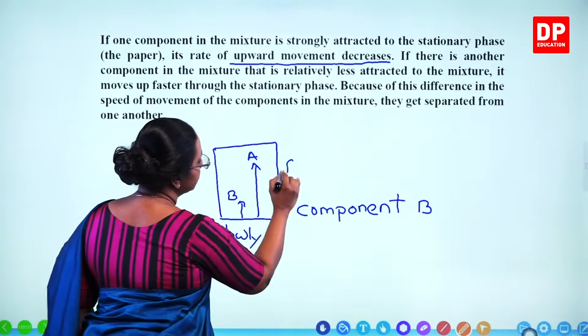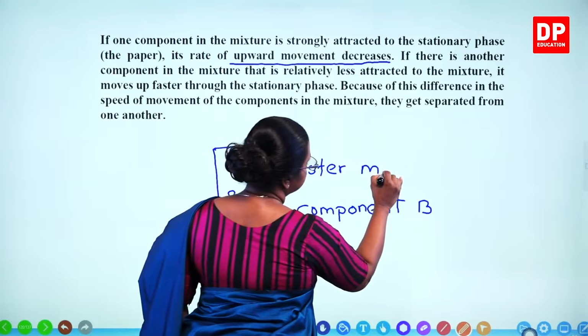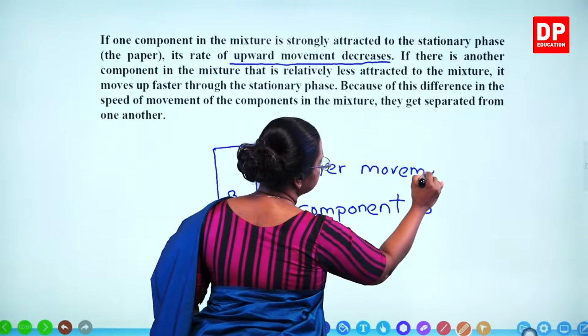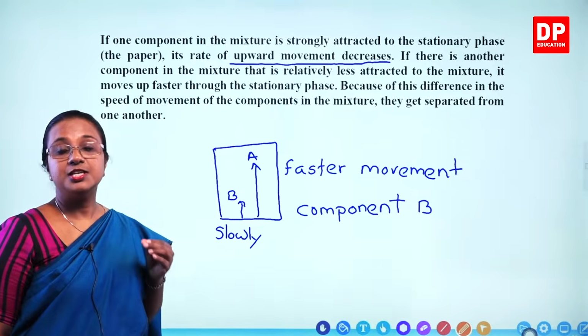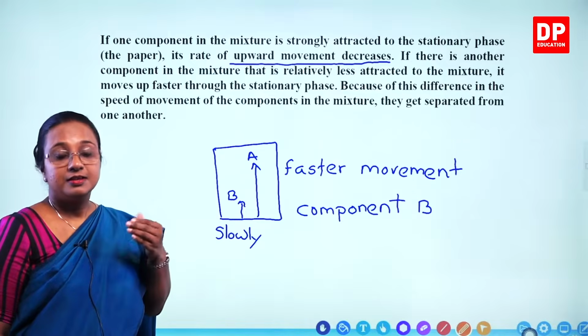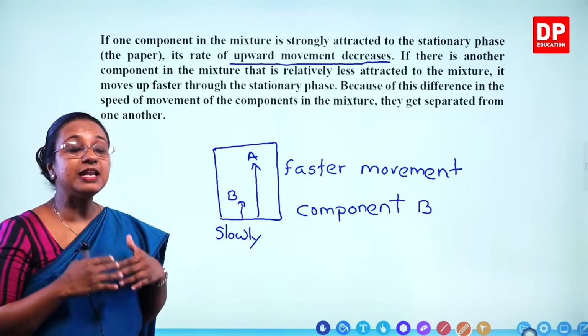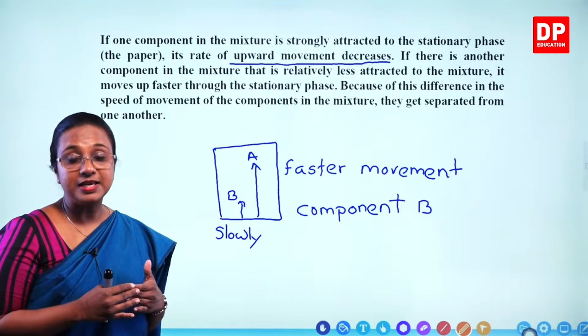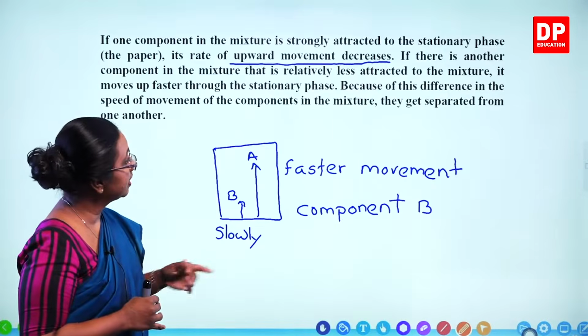So, here it shows a faster movement. And the difference in movement is known as the differential migration. They migrate at different speeds. One moves slowly, the other one moves faster.